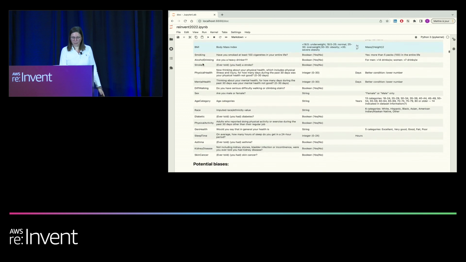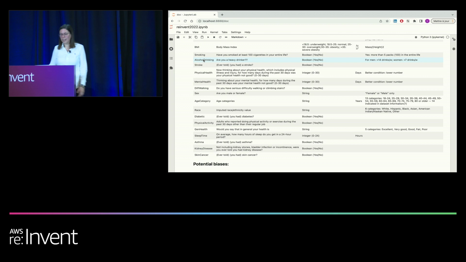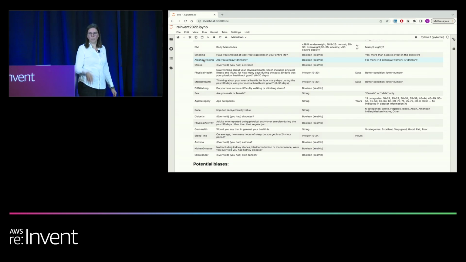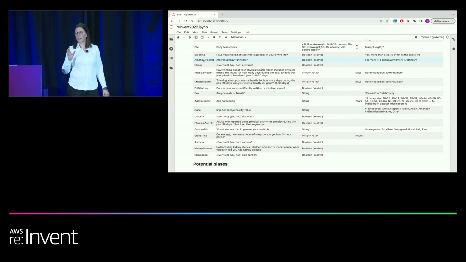There are some things that are more interesting. You have the alcohol drinking. Are you a heavy drinker? The definition is that a heavy drinker, if it is a man, is someone who is drinking more than 14 glasses of alcohol per week. For a woman, it is 7. Who is a heavy drinker here? Oh, surprise, no one.